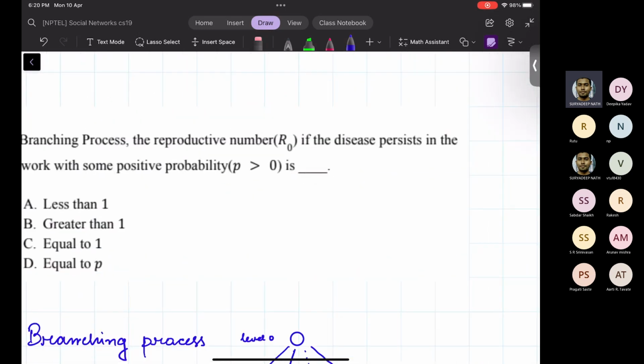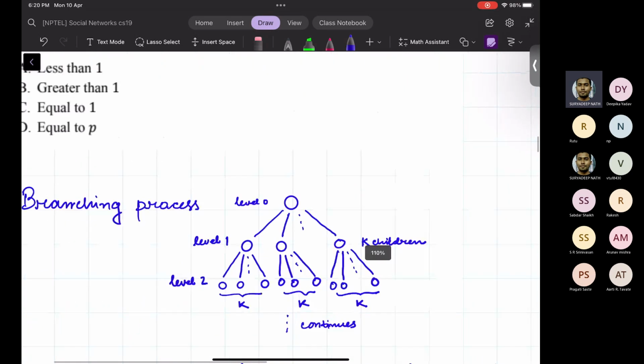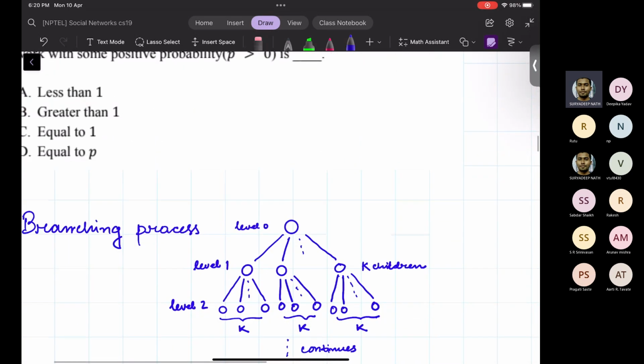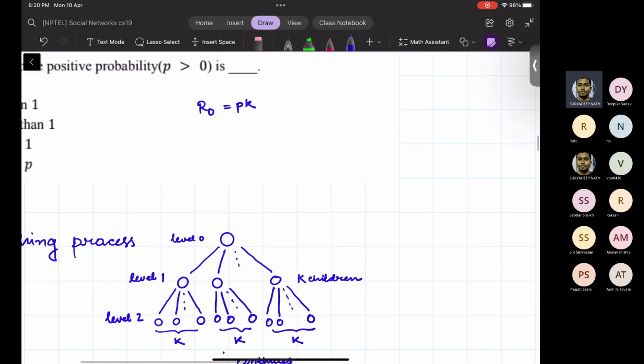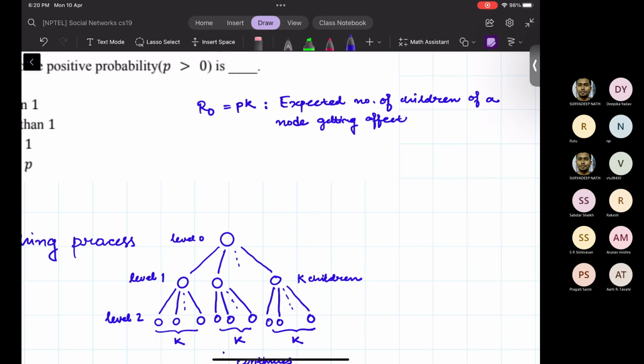Now let us come to the question where they are asking about the reproductive number. So reproductive number R naught is equal to P into K. Basically, what this means is the expected number of children of a node getting affected by the disease.